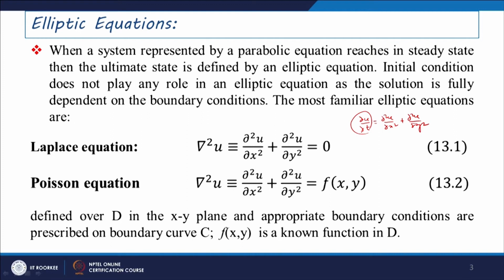Whenever we define this class of equations, we need a domain in the xy plane, and the appropriate boundary conditions are needed to get the solution along the boundaries. The boundary is denoted here as C, and f of x y should be known to us inside the domain.